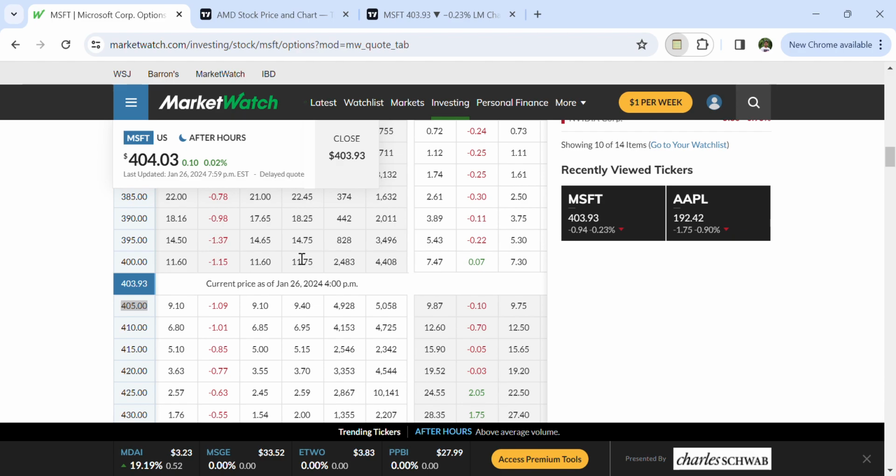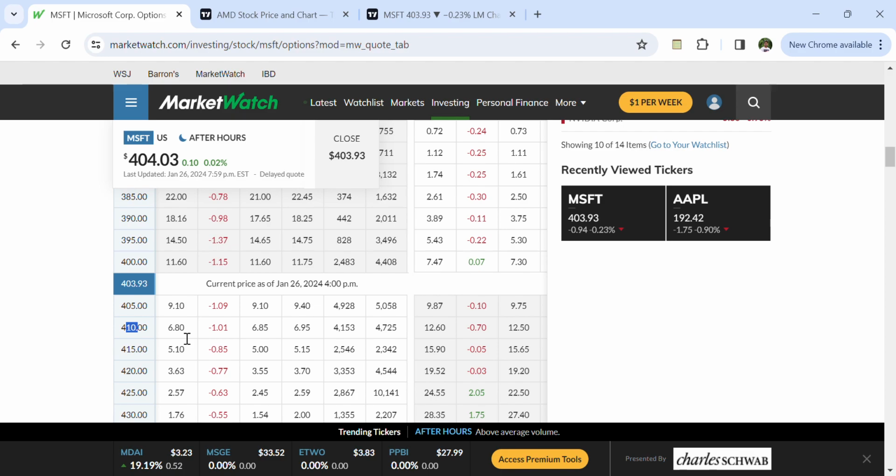Okay, now a little bit about spreads. In a debit spread, you buy an expensive option and at the same time sell a cheap option, and the net value has to be paid by the buyer, the person doing that trade. That is called a debit spread. For example, with Microsoft call options, if I buy a 405 call, I will pay $9.10. If I sell a 410 call, I will get 6.80 from the market, because I'm selling it.